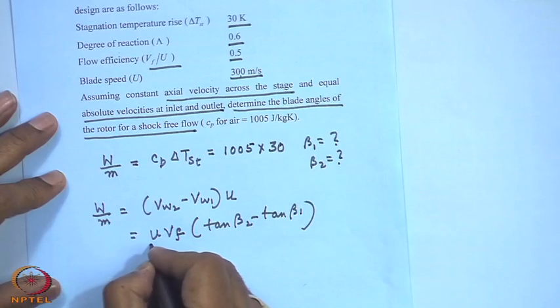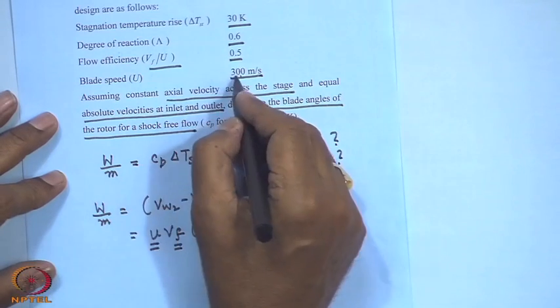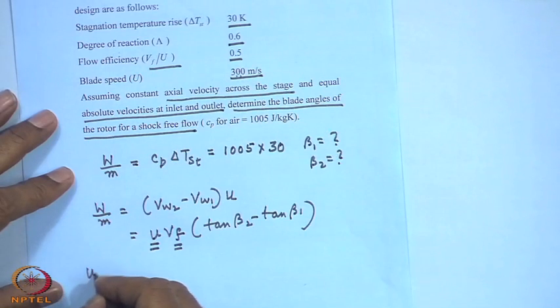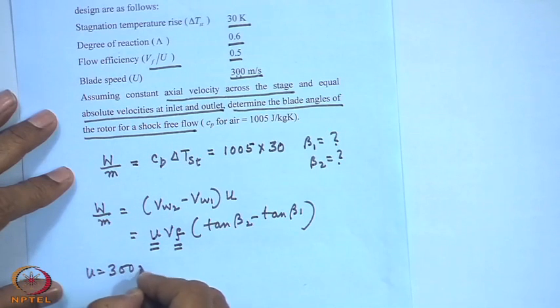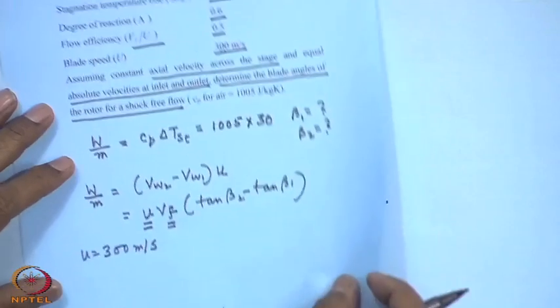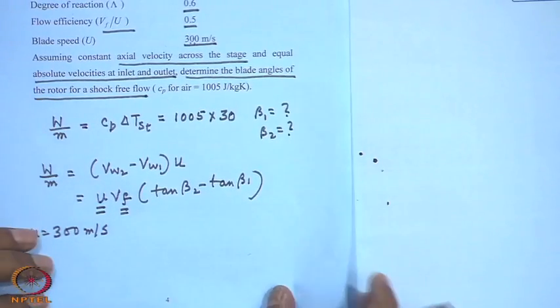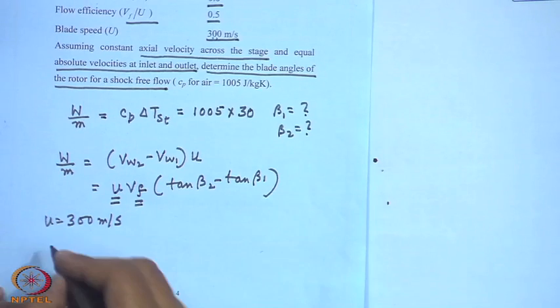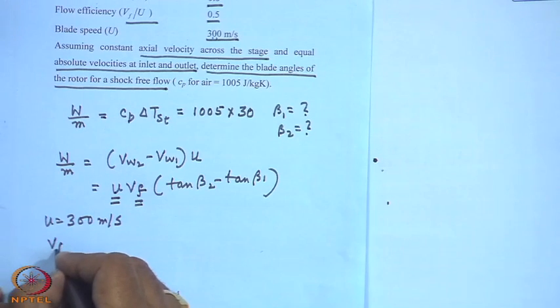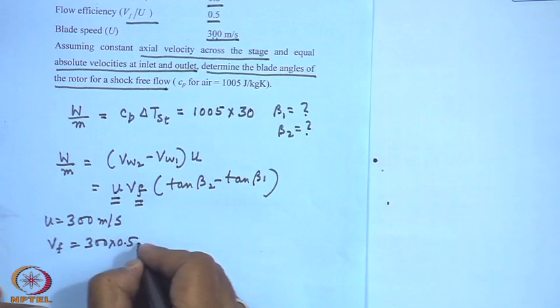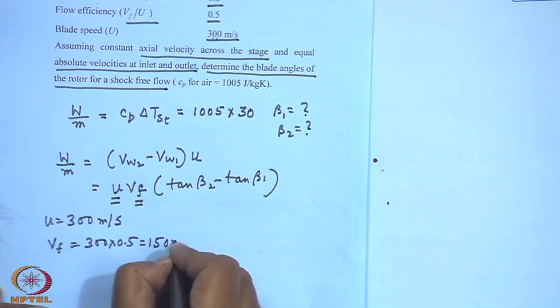Now, we know U, we know Vf. U is 300 meter per second. Well, and you can see, I think you can see very well, and Vf is 300 into 0.5, that is 150 meter per second.